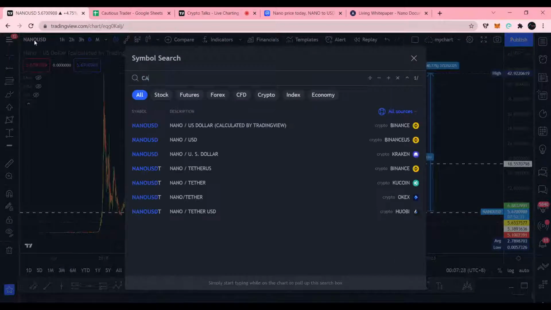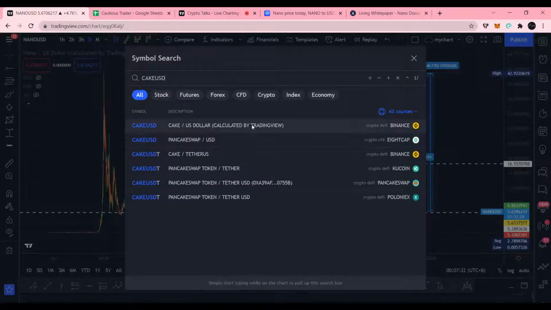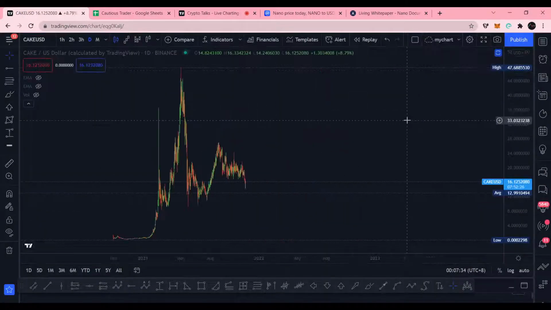Cake? I think I'm not trading Cake. I don't think I traded this one.